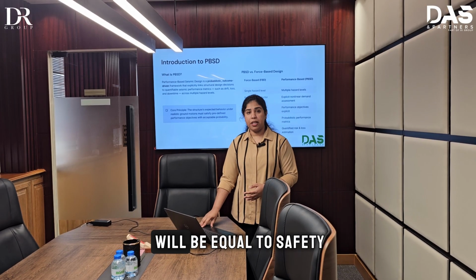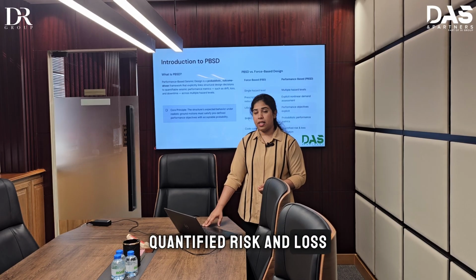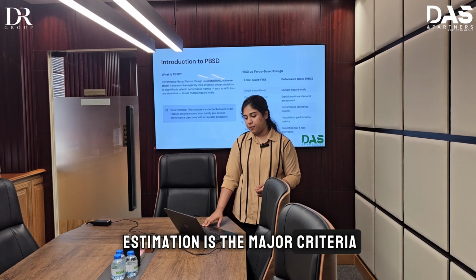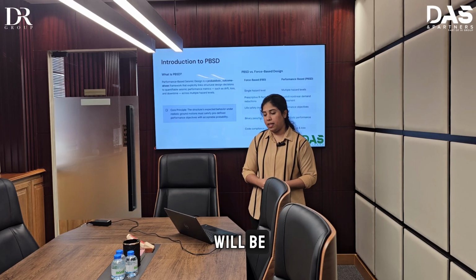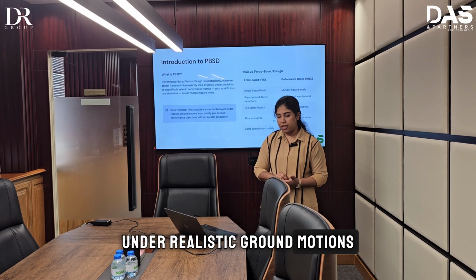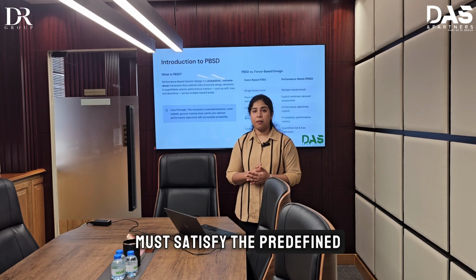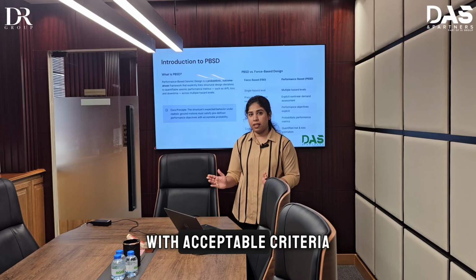Code compliance equals safety in force-based design, but in performance-based design, quantified risk and loss estimation is the major criteria. So the core principle of performance-based design is that the structure's expected behavior under realistic ground movements must satisfy the predefined performance objectives with acceptable criteria.